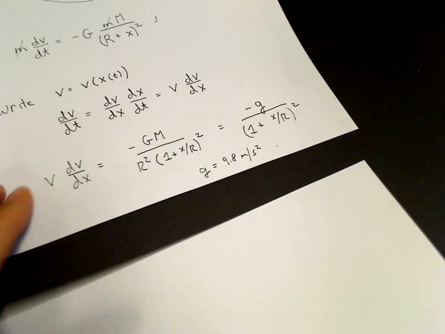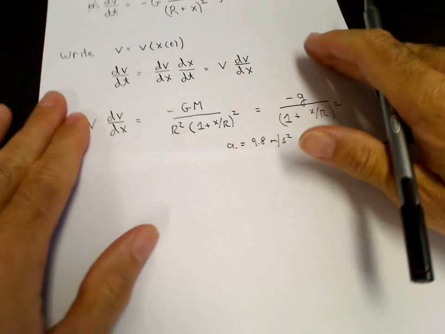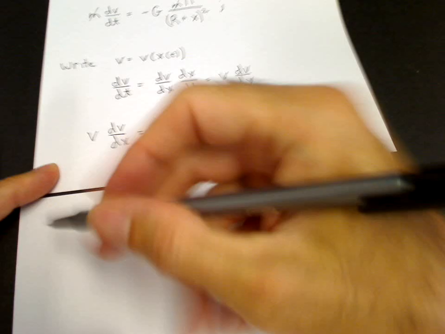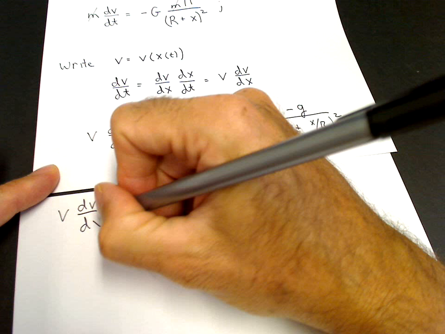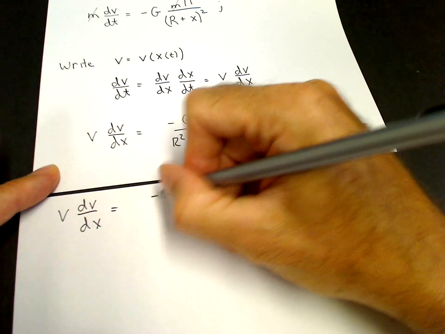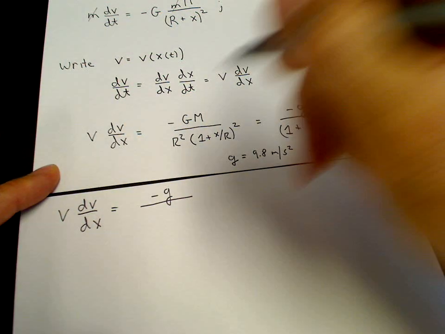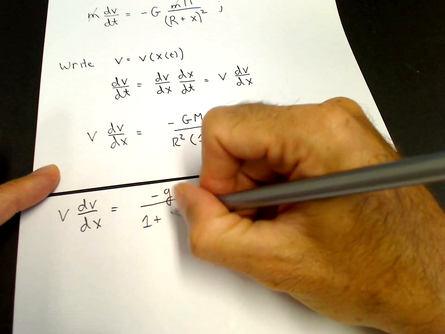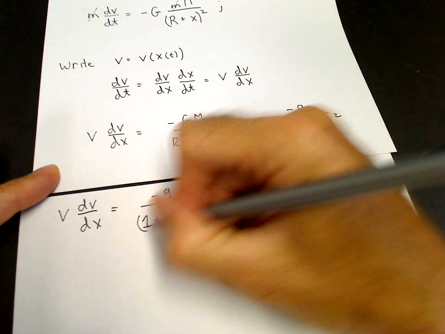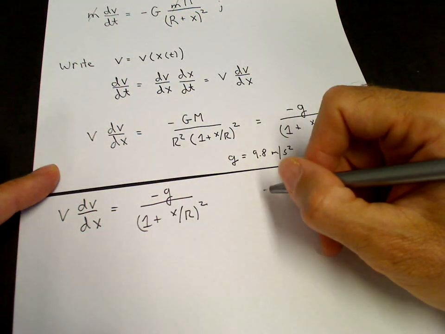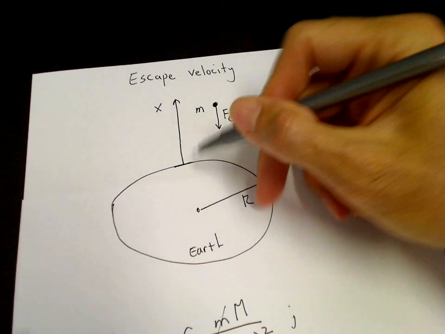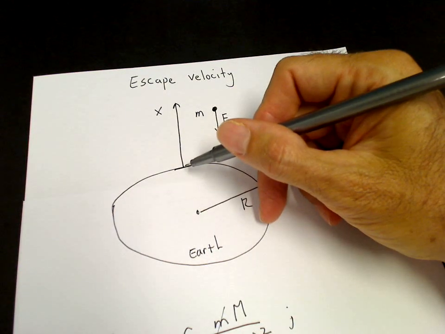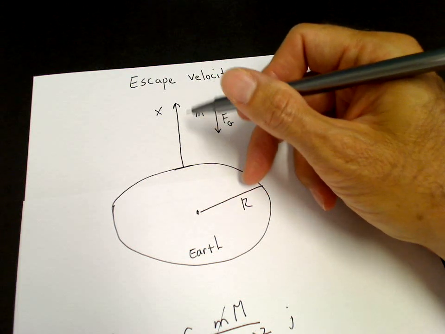So let me write that down here. v dv/dx equals minus g over (1 plus x over r) squared. And then we have an initial condition where we're shooting the mass from the surface of the Earth up.